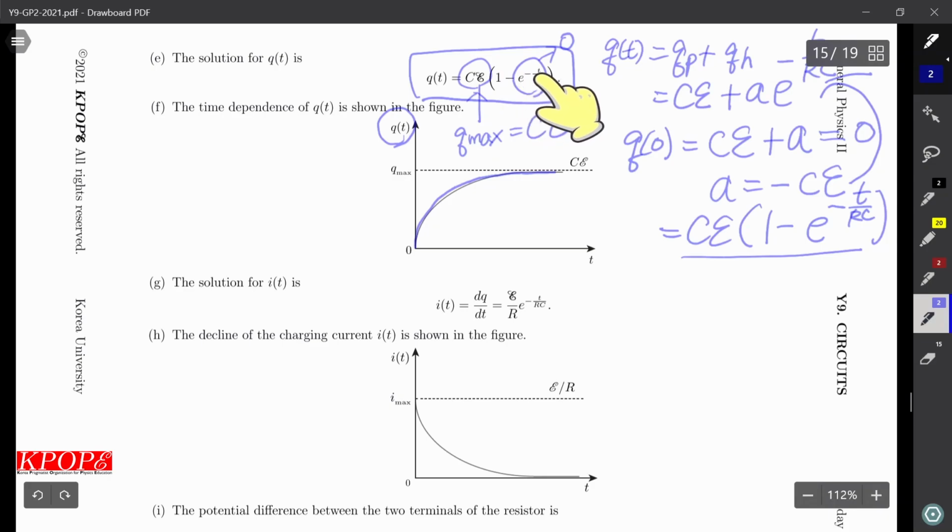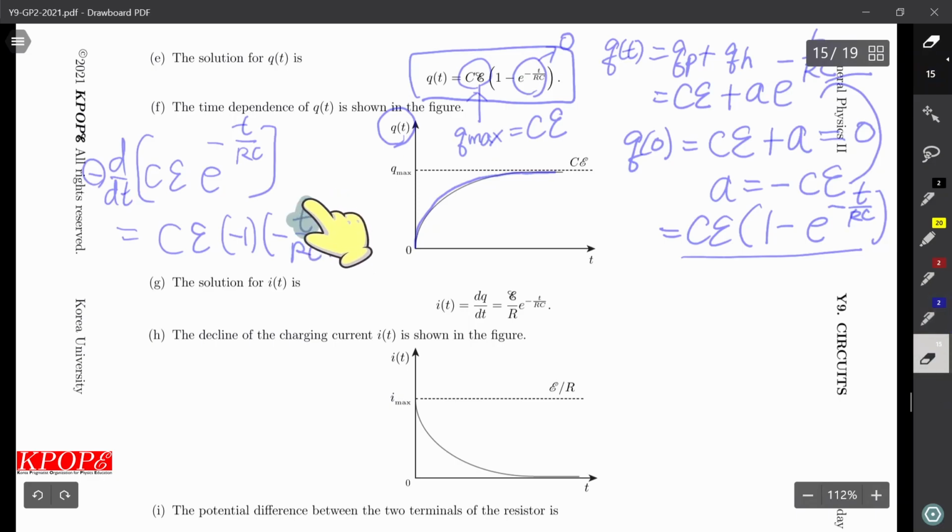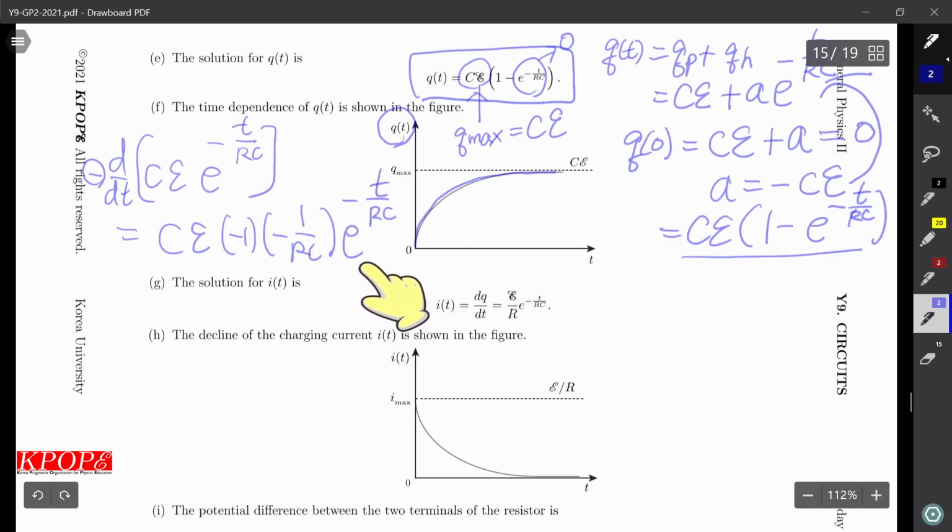If I take the derivative with respect to time, the constant term vanishes, and the remaining piece is CE times e to the minus T over RC, times minus 1 over RC. The C cancels, so this is E over R e to the minus T over RC.